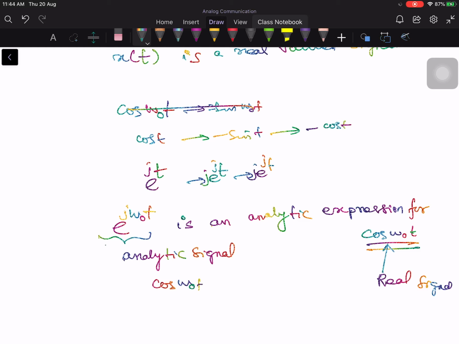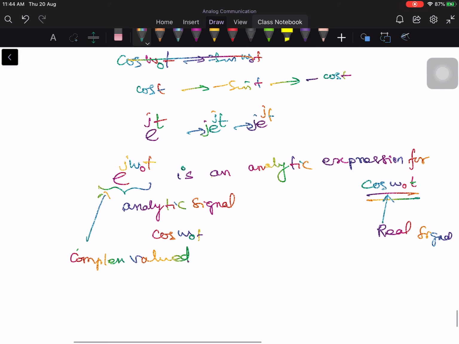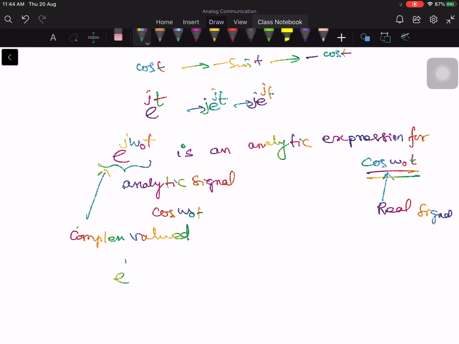And what is this? This is a complex signal actually. Why is it complex valued function? Because we know that e to the j theta is cos theta plus j into sin theta. It has a real part and imaginary part. Therefore, for every real signal, there is a corresponding analytic expression.